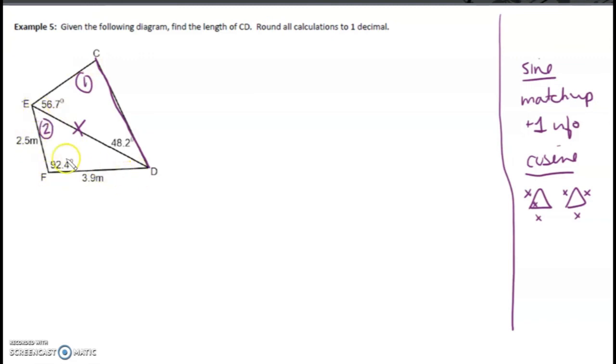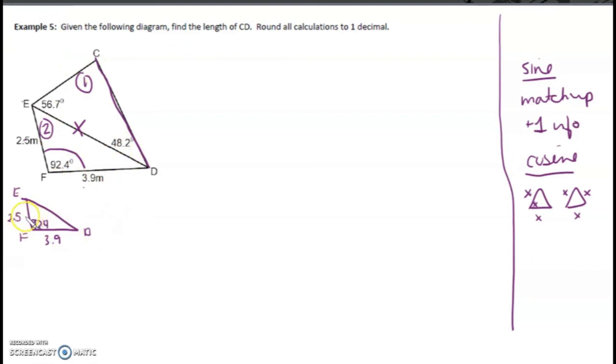Looking at EFD, we can see that we have two side lengths and the contained angle: 92.4, 2.5, and 3.9. Feel free to redraw just part of the diagram.